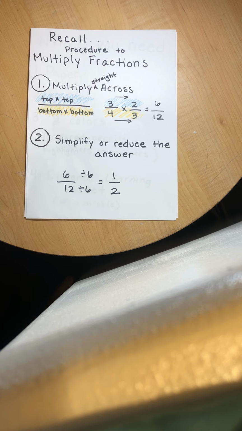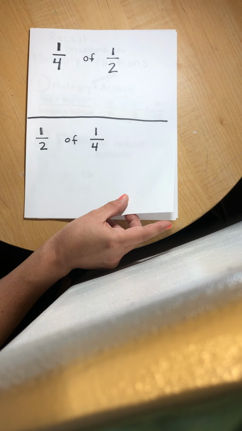Now we're going to talk about visually representing the procedure of multiplying fractions. Go ahead and take a look at the top problem. Notice how it says 1/4 of 1/2.